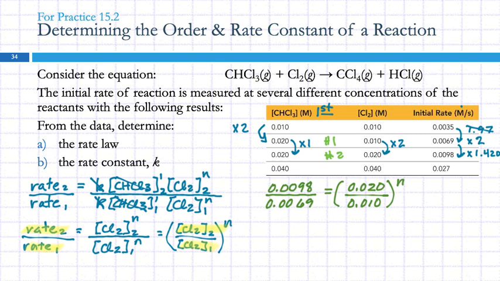So let's do the math on those fractions. We've already done this math, but we could do it again. We got 1.420. So 1.420 is equal to 0.0098 divided by 0.0069. And what's 0.02 divided by 0.01? It is 2.